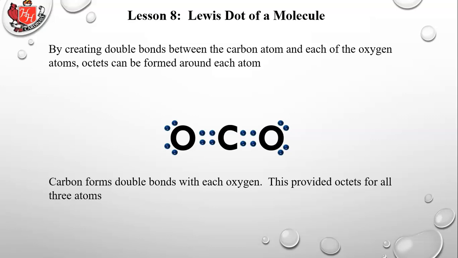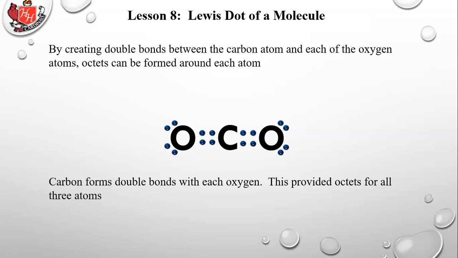And this, by the way, carbon dioxide, is a non-polar molecule because the oxygens are basically having a tug of war with each other. The carbon is in the middle, but the oxygens are having a tug of war with each other. So the oxygen on one side is not going to pull the electrons over to it any more than the oxygen on the other side. Therefore, the electrons and the charge are going to be equally balanced along the length of that molecule, and that's going to be a non-polar molecule.